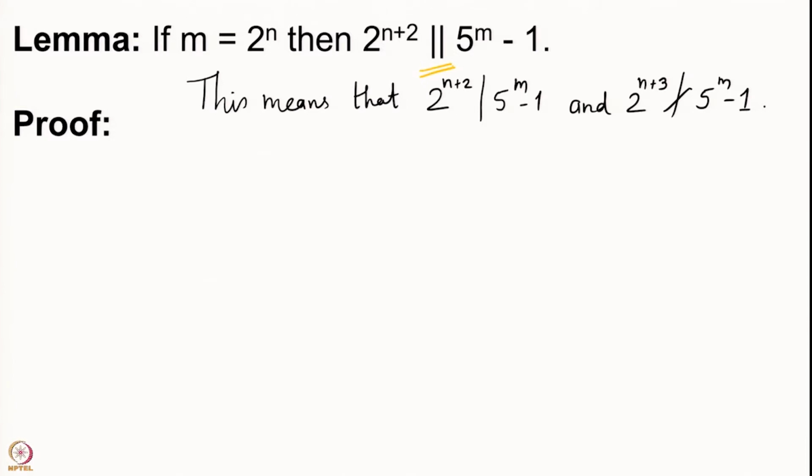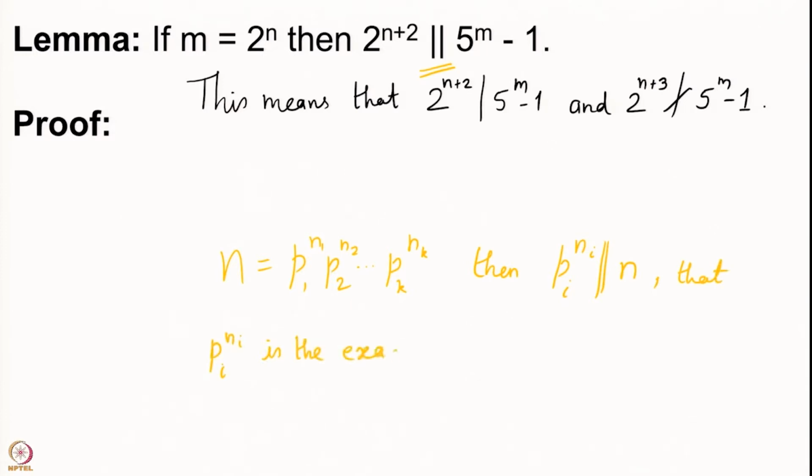So, whenever you write any number n as p_1^{n_1}, p_2^{n_2}, so on up to p_k^{n_k}, then we have that p_i^{n_i} double divides n, or you may call it exactly divides n, which means to say that p_i^{n_i} is the exact p_i contribution to n.